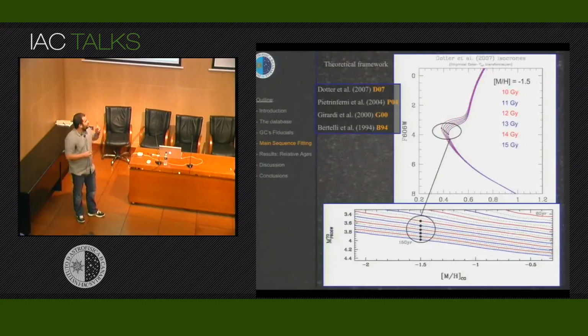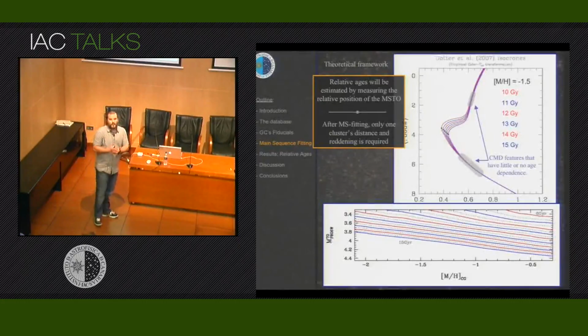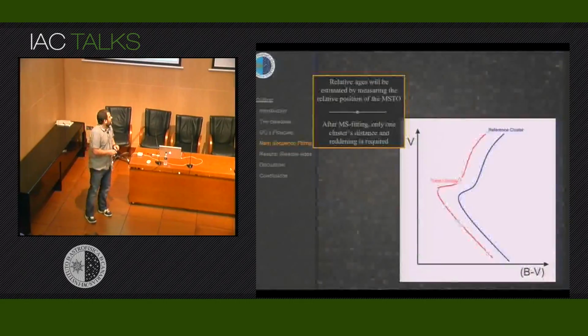Before continuing, let me note that we can find here 2 regions, color magnitude features that have little or no dependence on age. Those are the regions I'm going to use to do the relative main sequence fitting from cluster to cluster.